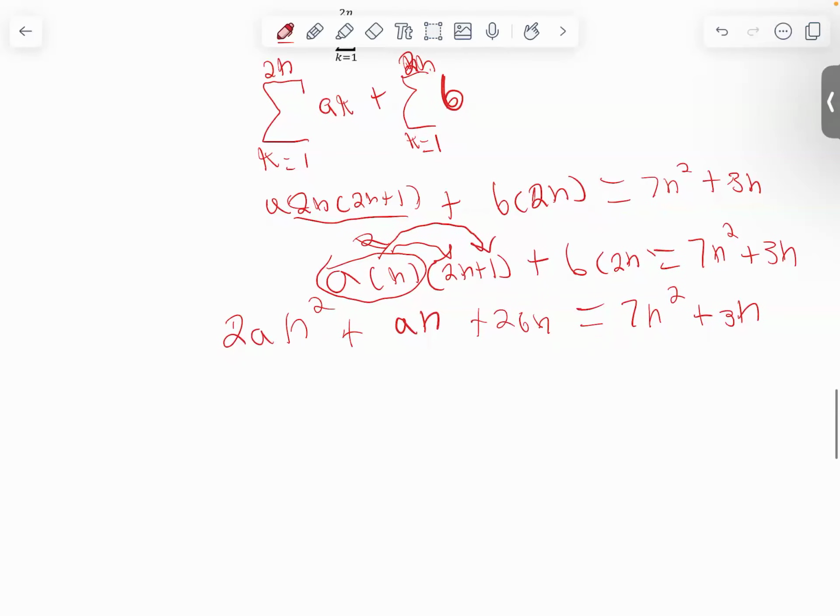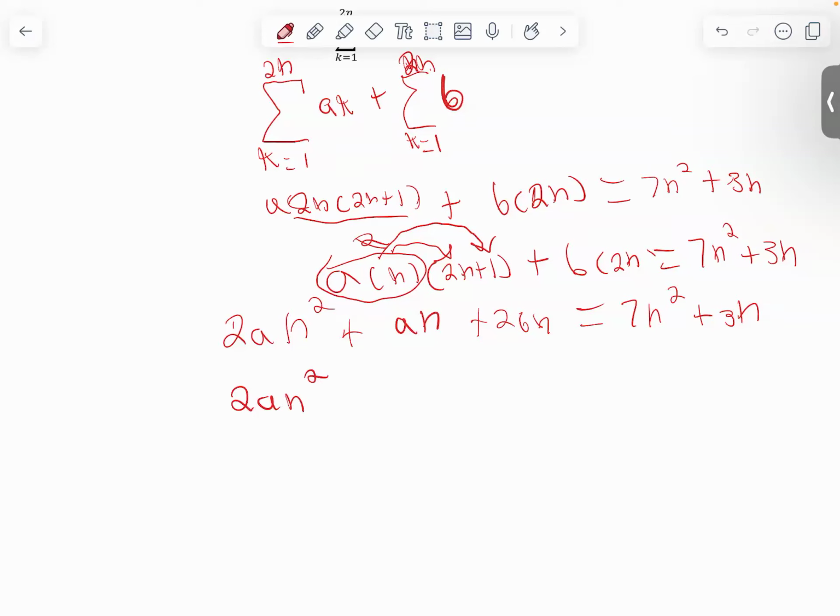And then from here, what you're gonna do is we can split this. It's really clever here. You can pull out the a, and then you have it split into specific coefficients. So not pull out the a, but you'll see what I mean. It's like you have 2an squared, right?